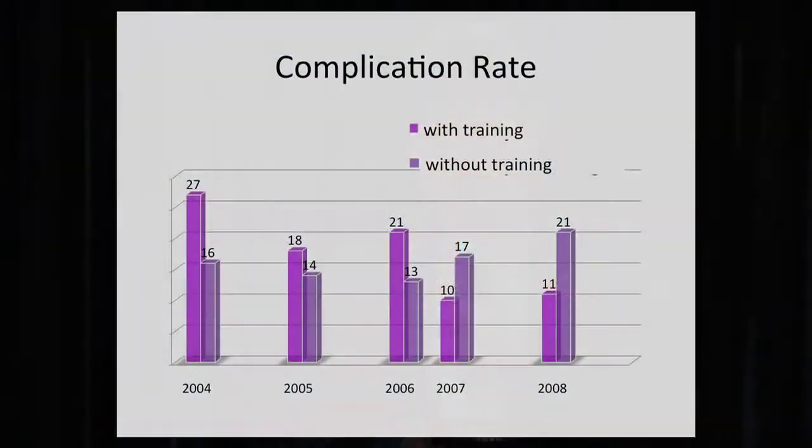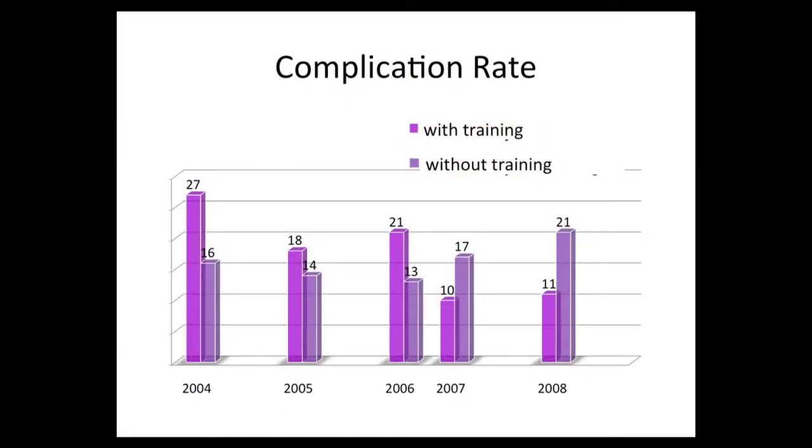You can see from this slide how complication rates decreased in trained IMACs. From 2004 until today, in trained IMACs the post-operation complication rate decreased. But without training, IMACs still have high complication.